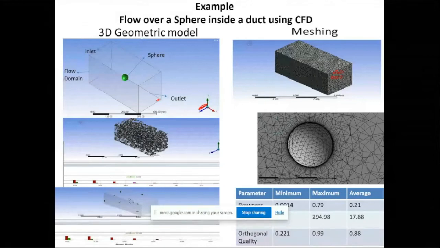You have to make a mesh in such a beautiful manner that you get very good mesh quality. Quality wise, there are 4 or 5 parameters which we need to look at. One is aspect ratio, one is skewness, one is orthogonal quality, one is expansion factor. These are the parameters by which we can say whether the mesh is good or bad. Generally in an unstructured mesh, we look at the skewness and the aspect ratio.